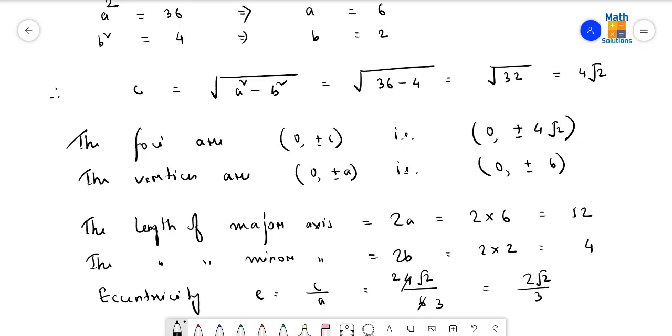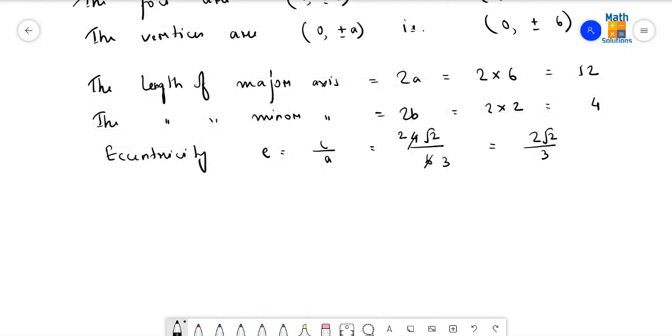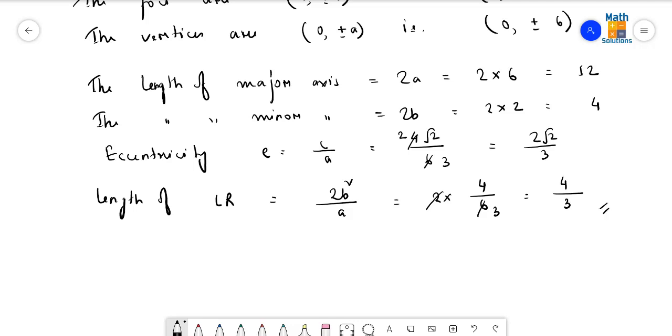Then the length of latus rectum, 2b square by a, it is 2 into b square, which will be 4 of course, and in place of a it is 6. Let's cancel it out, it is 4 by 3. So this is how this can be solved.